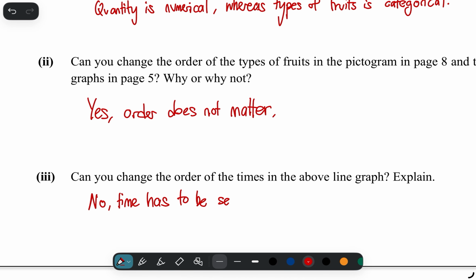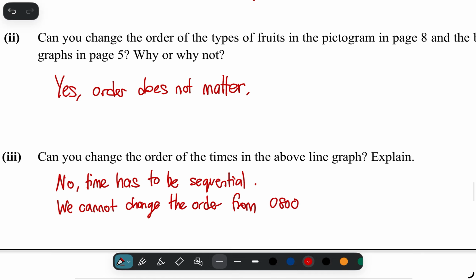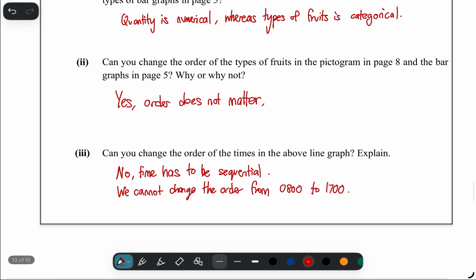Sequential means in order. We cannot change the order from, let's say, 8 a.m., 0800, all the way to 1700. It must be in sequence.